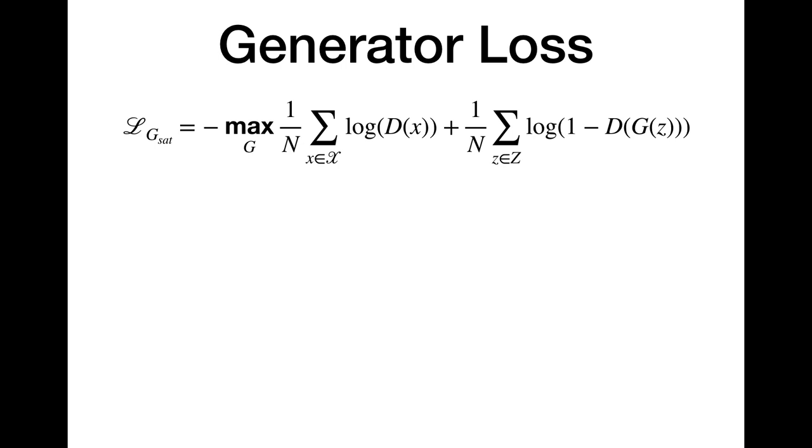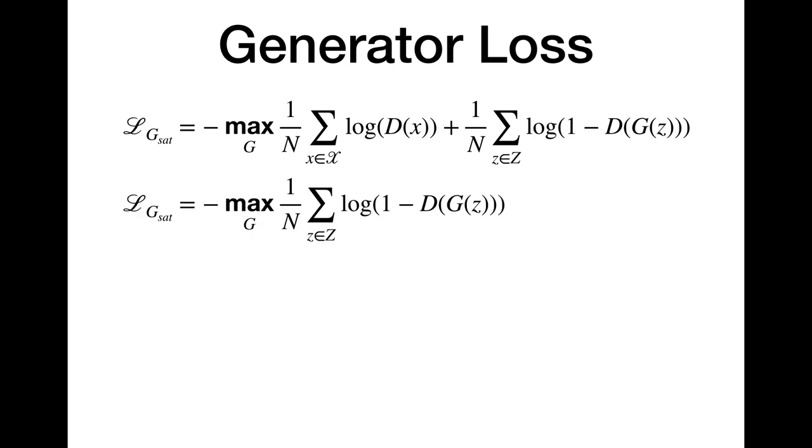The generator has nothing to do with it. The generator only generates the fake images. So when we're trying to maximize this overall sum of terms with respect to the parameters of the generator, the first term will always remain unaffected. So we can throw it out of the optimization. This in a sense is just an optimization over the second term.